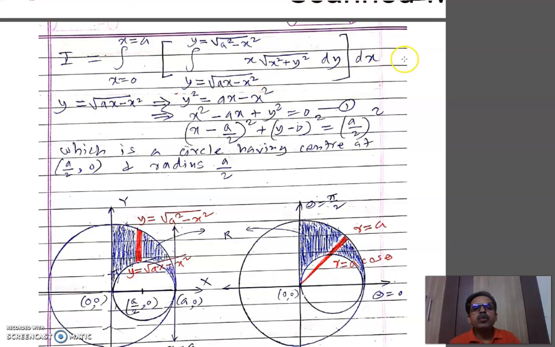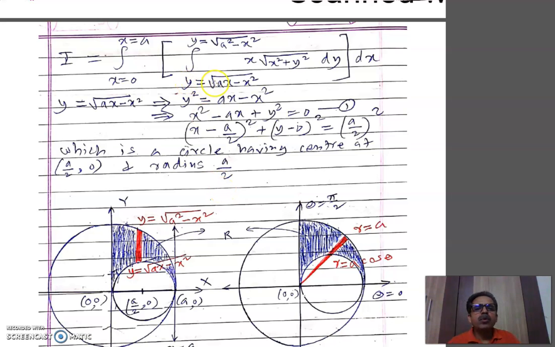So let's focus on this equation, y equal to under root of ax minus x square. Taking the square and arranging, we get this kind of equation, which is a circle having center at the point a by 2 comma 0 and radius a by 2.